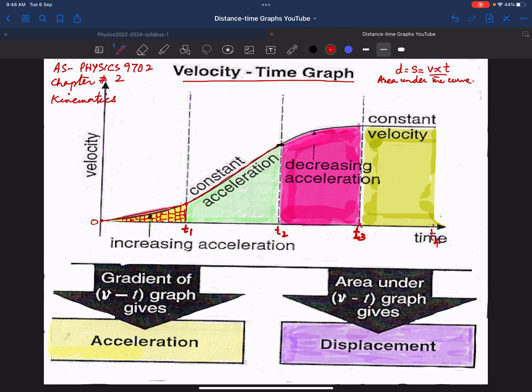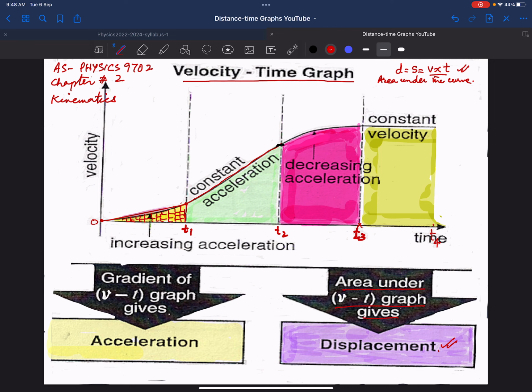So wherever you find the area under the graph, this gives you the displacement, which mathematically you can write as s is equal to v into t. V into t is the basic concept, but according to the shape of the graph, of course, this equation will change a little bit. But the basic point to remember is that the area under the Vt graph gives displacement.